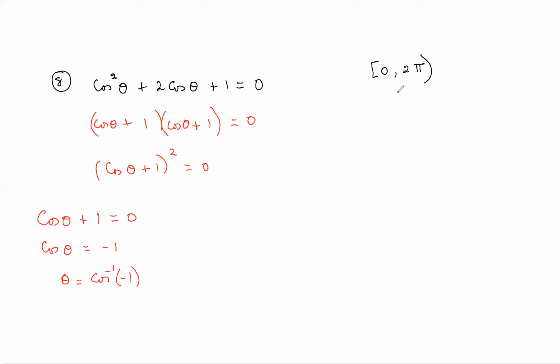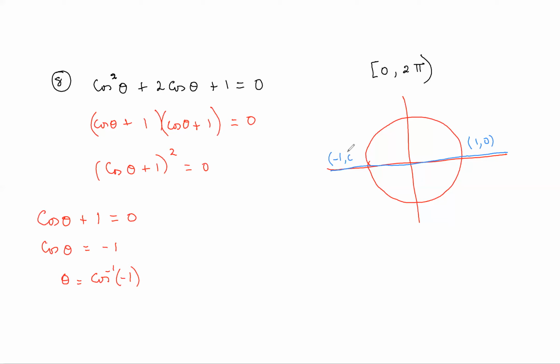We go to the unit circle. We talk about cosine, so I'm going to use the x-axis. We know this point will be 1, 0, and this point is -1, 0.